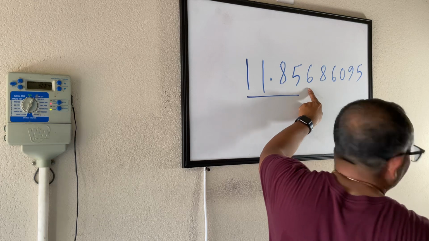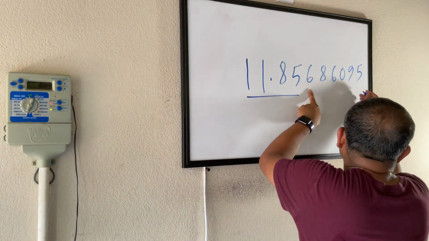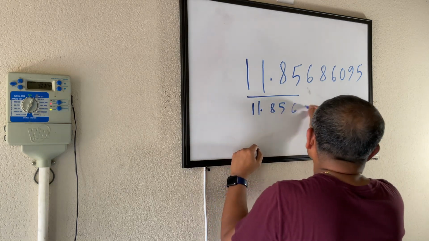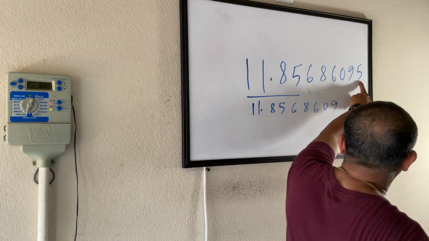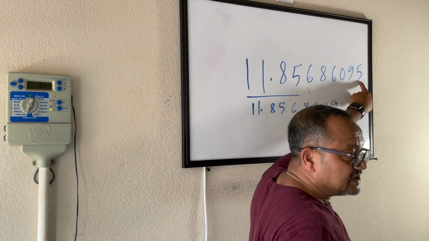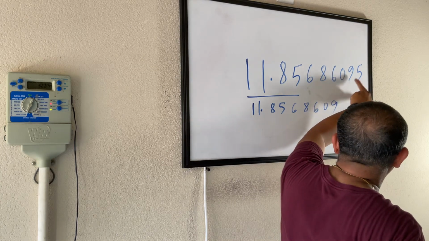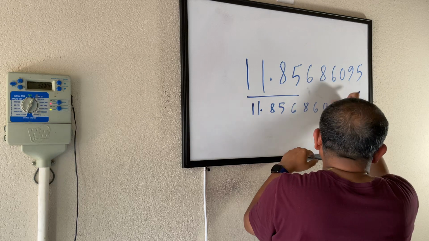There is a method of approximation or estimation that is used. You can remove it one by one. So you start from this last digit. You want to remove the last digit. But look at the digit. If this digit is 5 or more, then you increase the previous one by 1. Since this is 5, increase 1 in this one. So 9 becomes 10.